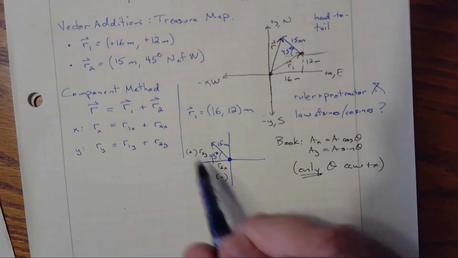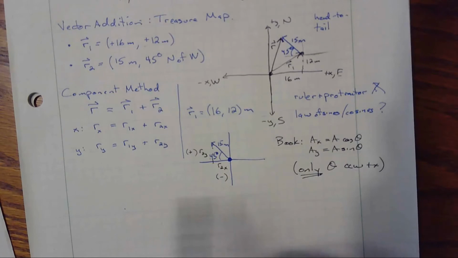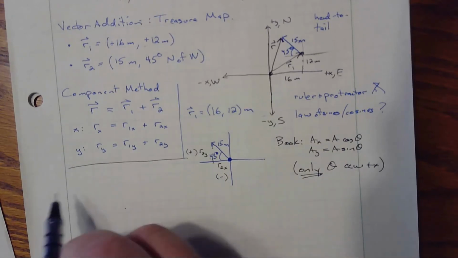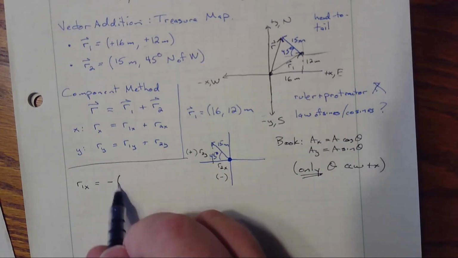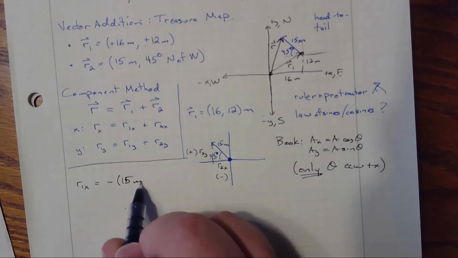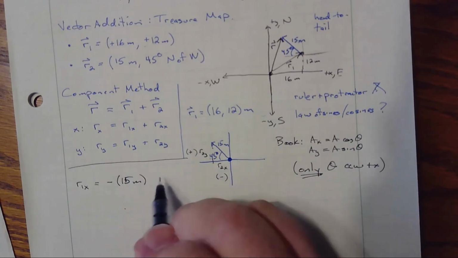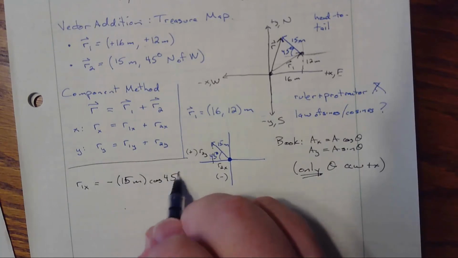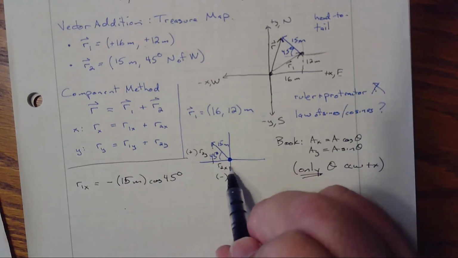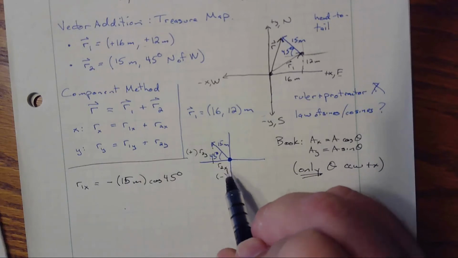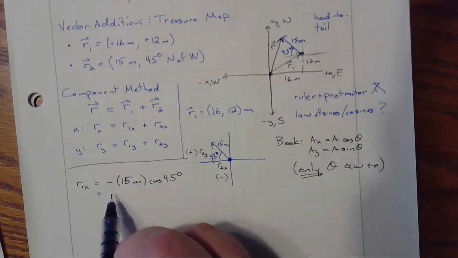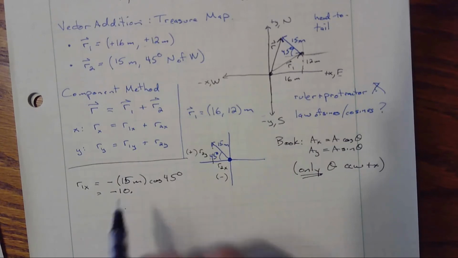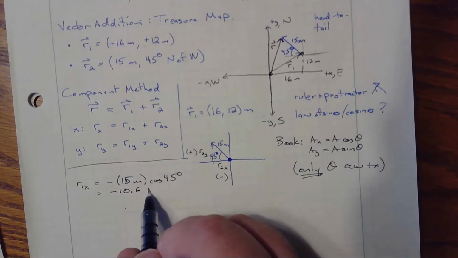I can stick in those components by hand, meaning I can just say that r1x will be equal to negative 15 meters times the cosine of 45 degrees, right? Because my x component is still along those directions. And if I plug that in, that gives approximately negative 10.6 meters.